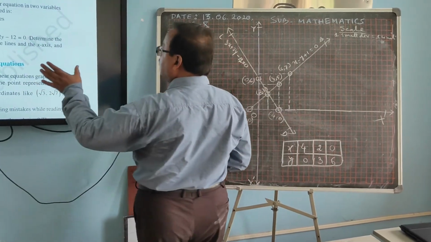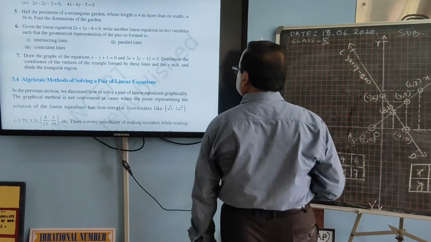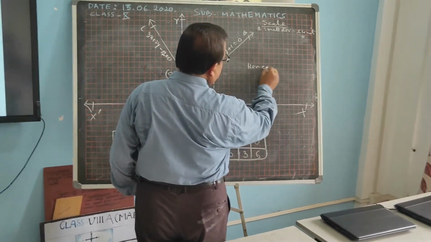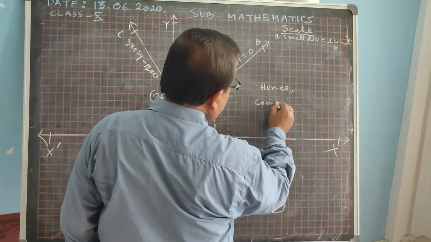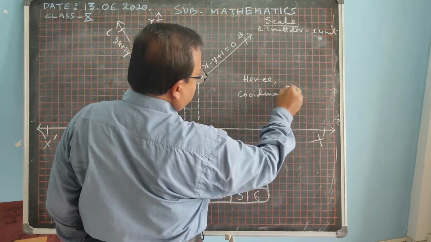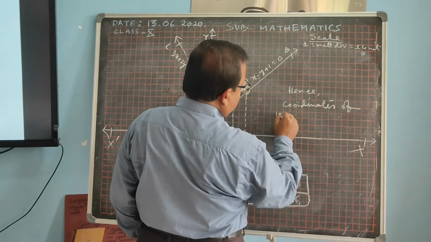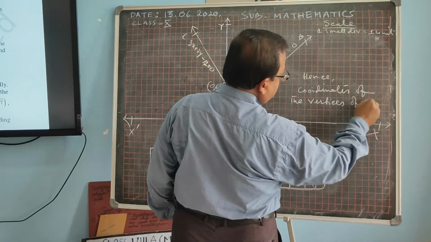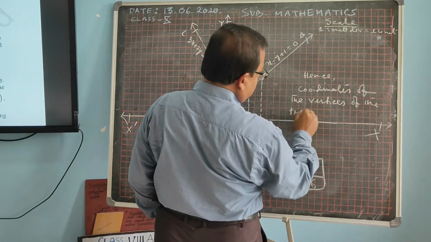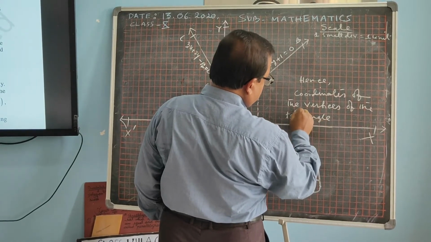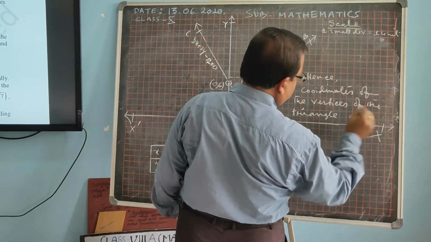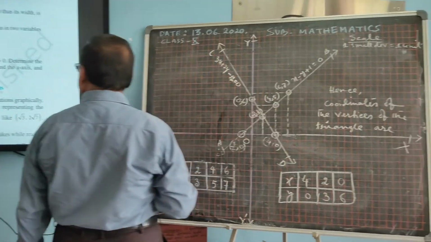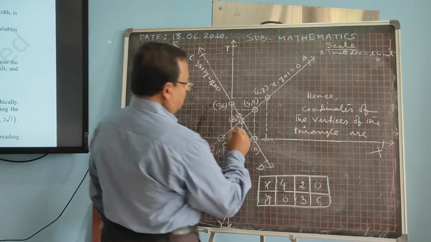Then you can write: determine the coordinates of the vertices of the triangle. Then friends, write coordinates of the vertices of the triangle. What are the coordinates of the vertices of the triangle formed by this x-axis and this point?